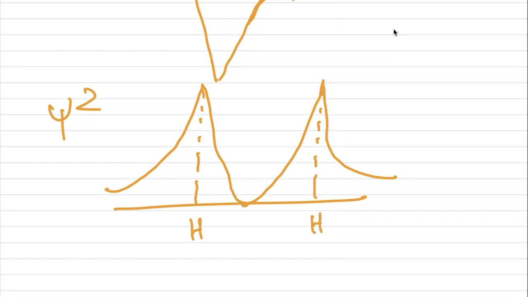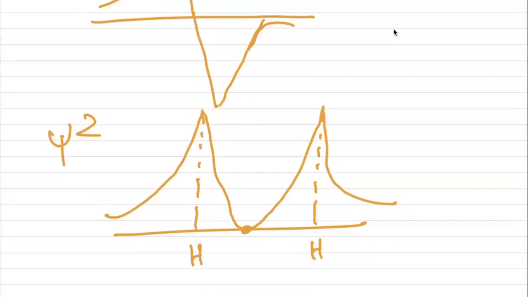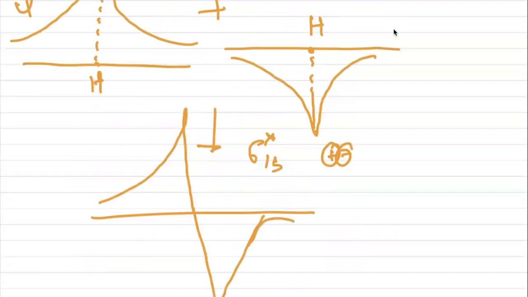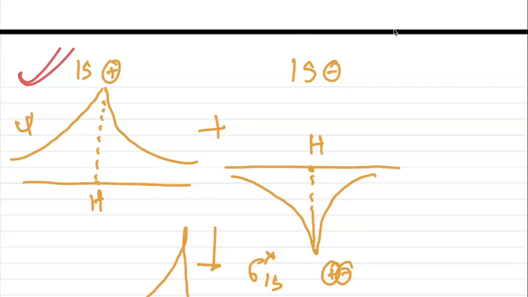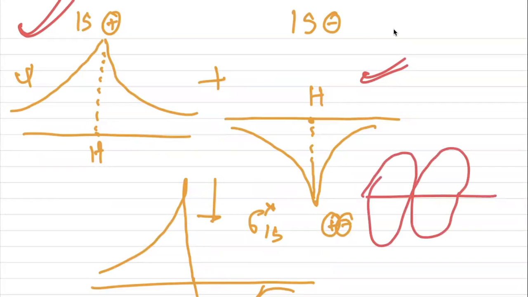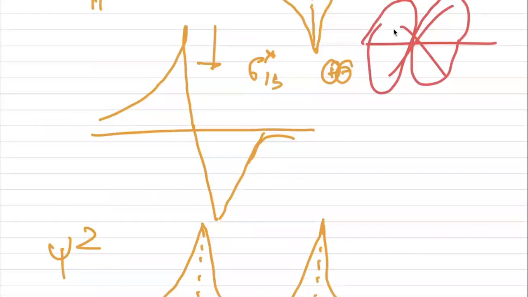That means in between the nuclei, the electron density, that means the probability of finding electron, is very, very less, very negligible. This graph is for positive sign and this graph for negative sign. This is for positive phase, this is for negative phase. So these two cancel out each other. Here the same thing happens.